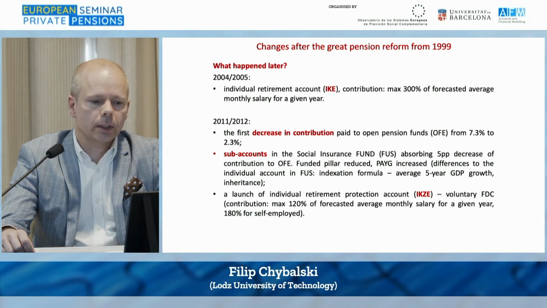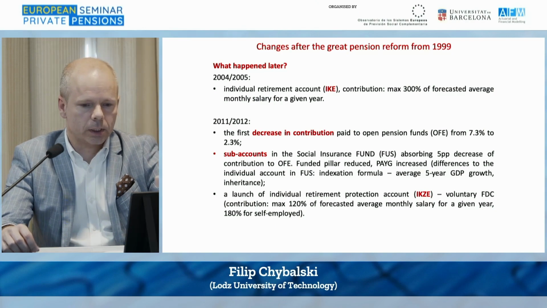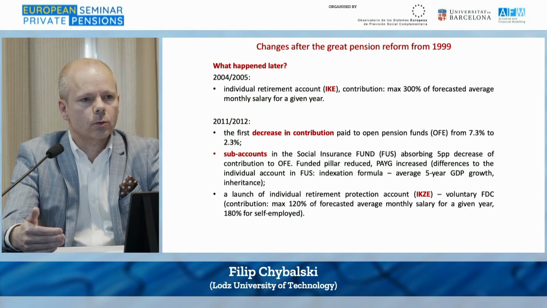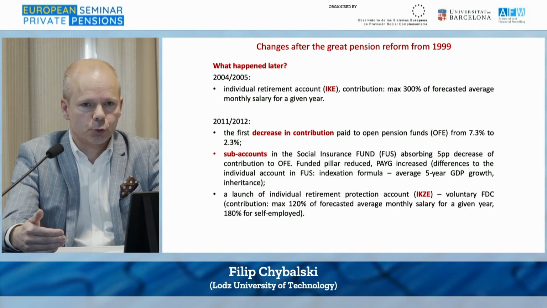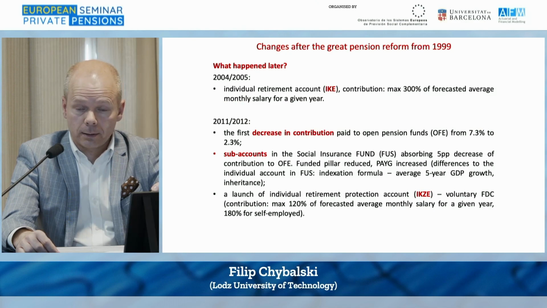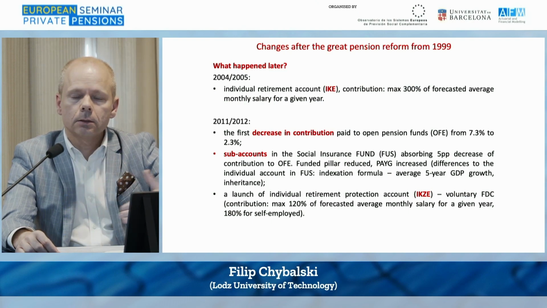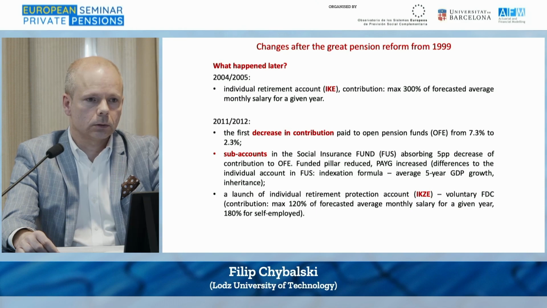It was after the Great Recession, the first decrease in contribution paid to open pension funds from 7.3 to 2.3. Sub-accounts were also introduced because, as you can see, the contribution paid to open pension funds was reduced by 5 percentage points, and 5% of the gross salary was directed to the first pillar, to pay-go.